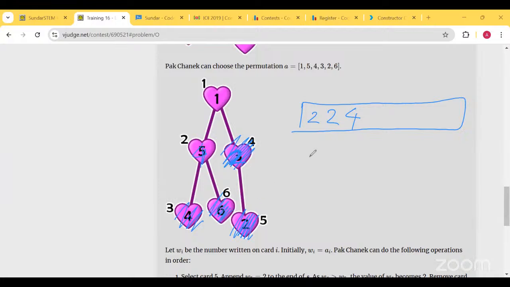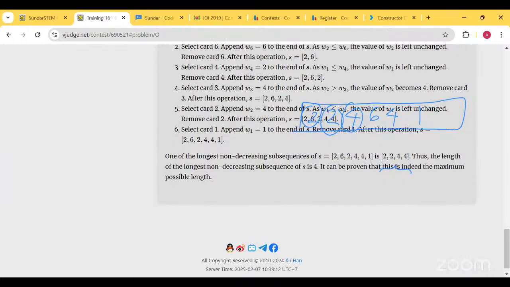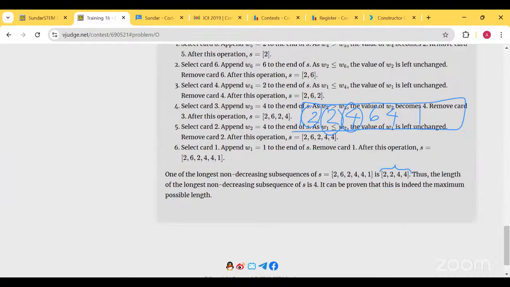And then if we take this 6, and then this is 4, and then 1. After we get the values, our points is equal to the longest non-decreasing subsequence like this, 2, 2, 4, 4. So the result is 4. We want to maximize the longest non-decreasing subsequence.